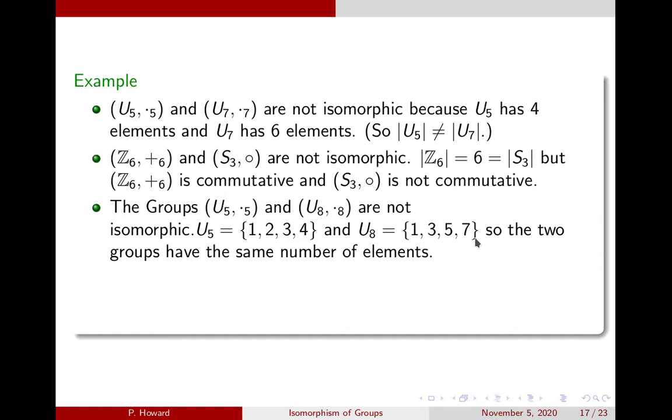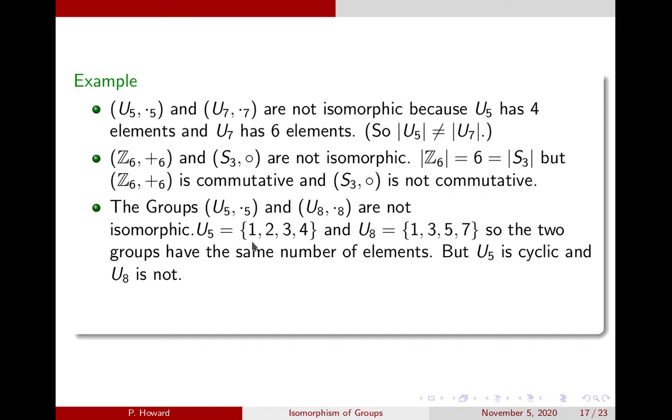So the two groups have the same number of elements. We cannot claim they are not isomorphic based on having different numbers of elements. But U sub 5 is cyclic, and U sub 8 is not. How did I determine that U sub 5 was cyclic?